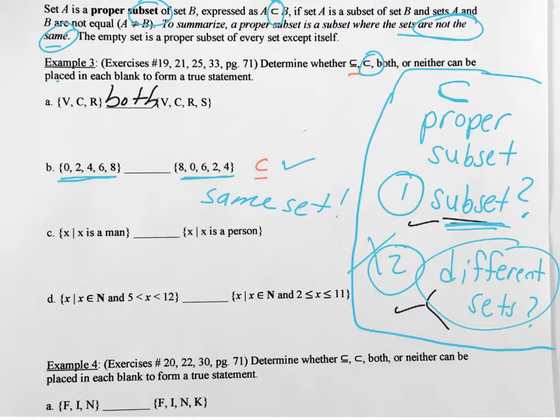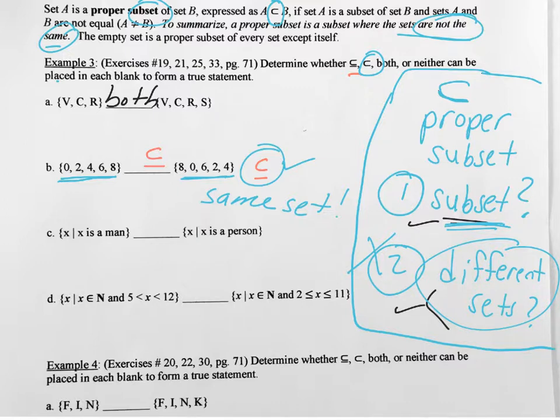So the only one that worked out was that it's a normal subset. So that's the only one I can select as the final answer. It's not a proper subset because they're the same exact set. It failed criteria 2. All right, let's try a few more.